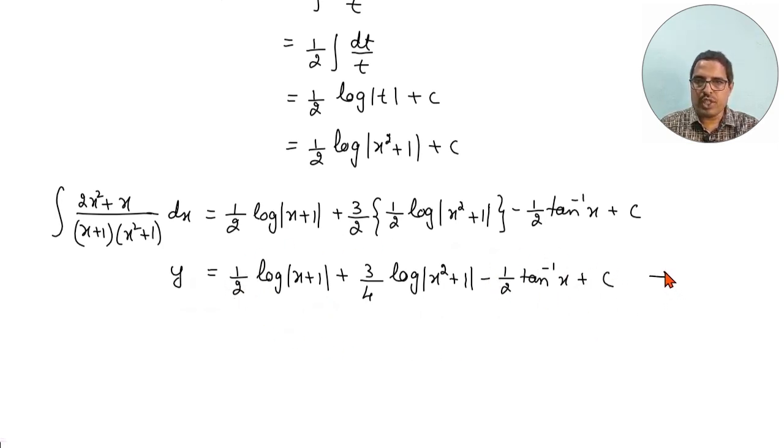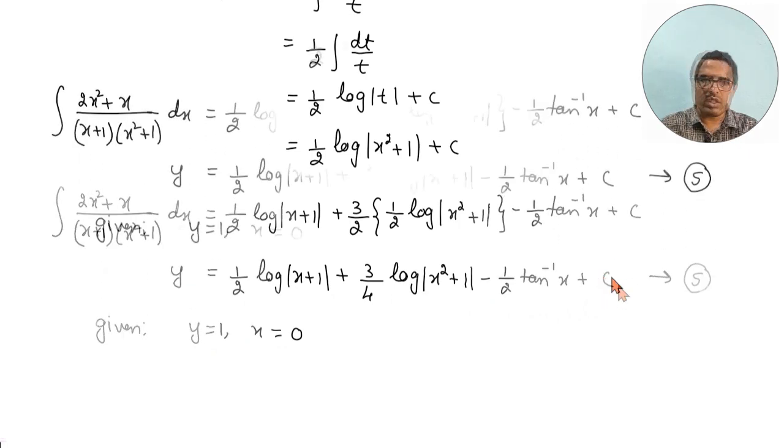Let me take this as equation number 5. Now we need to find the particular solution of this equation. It is given in the question that y is equal to 1 when x is equal to 0. Let us plug in the value of y as 1 and x as 0 in equation number 5 to find the value of this constant c.